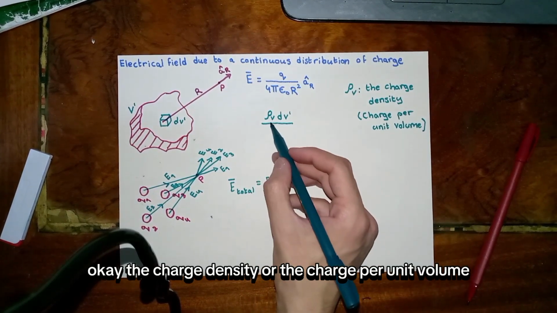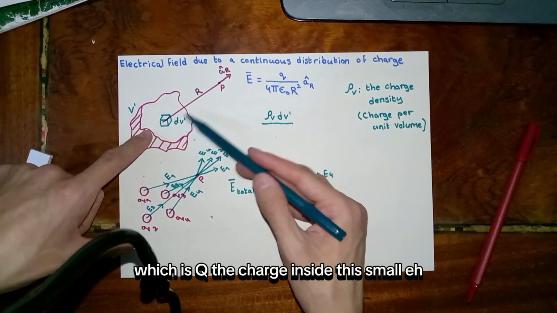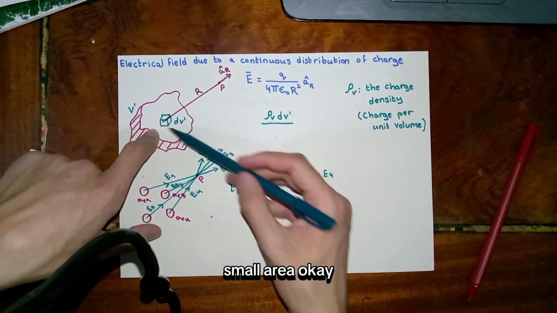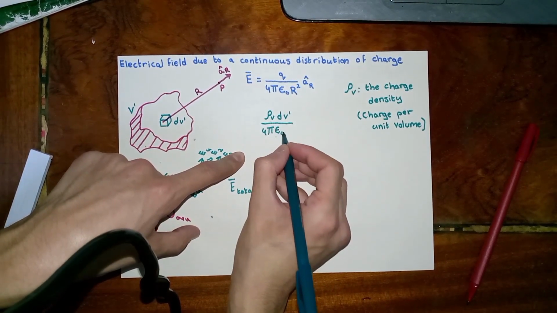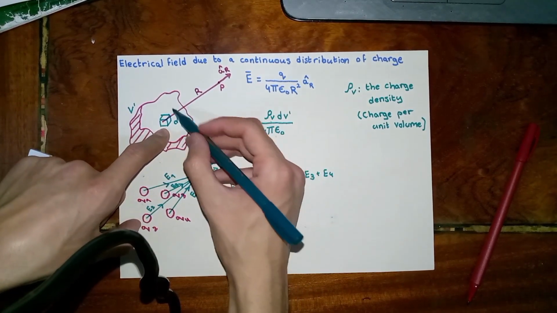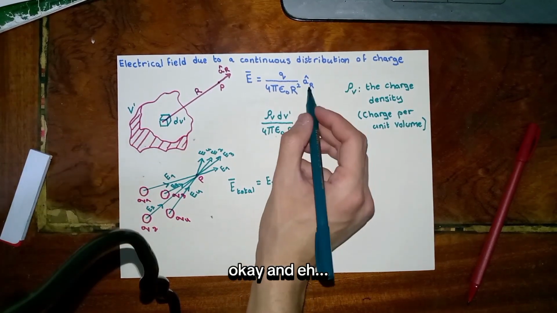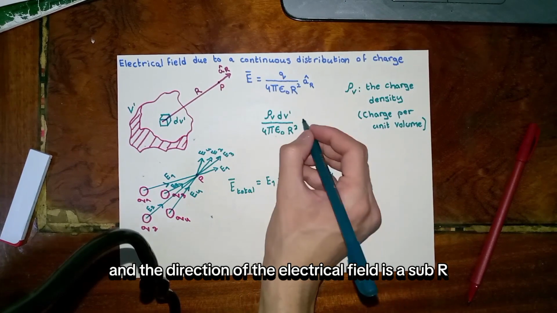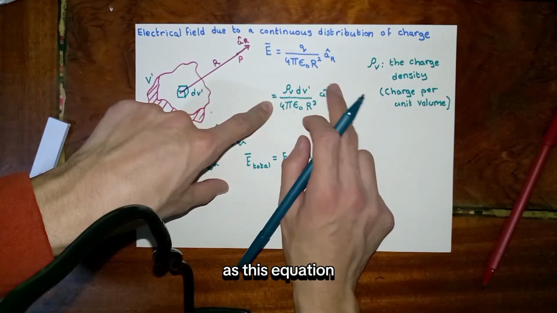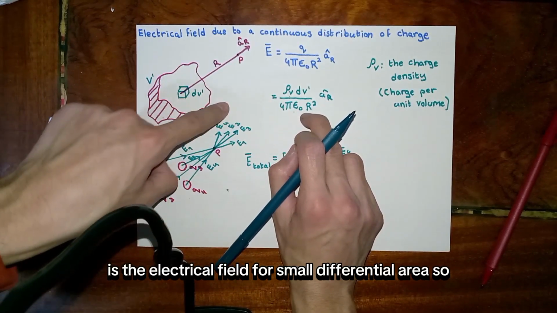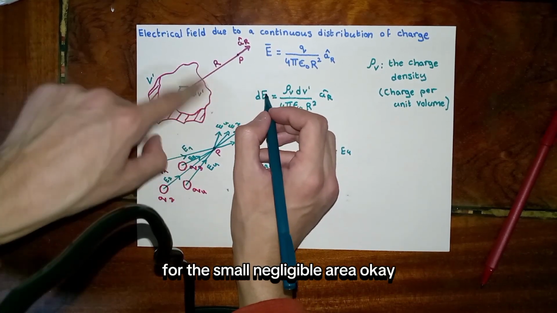The charge density times the volume gives us the charge Q inside this small volume, divided by 4 pi epsilon times the square of the distance between this volume and P, which is r squared. And the direction of the electrical field is a sub r. As this equation is the electrical field for a small differential volume, the electrical field is also differential.